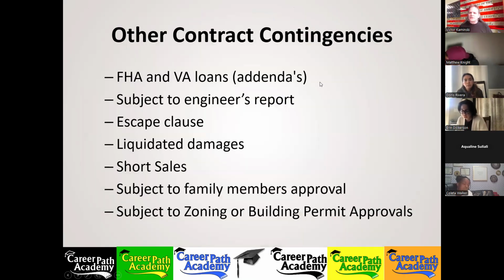All right, so other contingencies that we may find in contracts: FHA and VA loans are required to add special contingency clauses into the contract. This is usually added these days by an additional document called an addenda. So what is the purpose of that special contingency clause that's required for all FHA and VA loans?